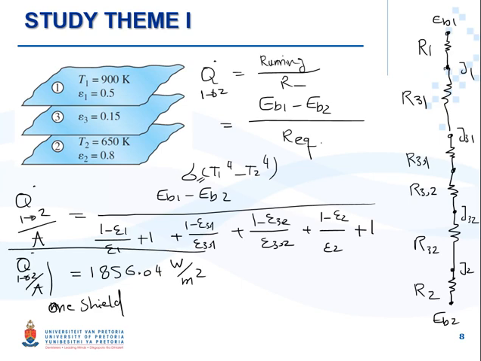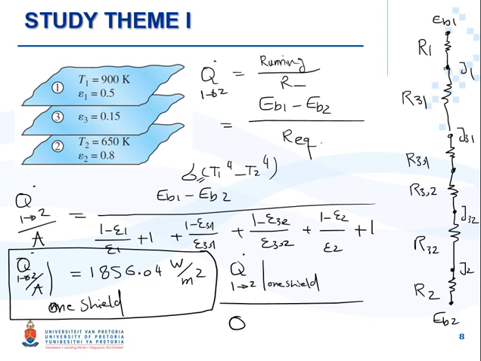The number that we have here and the number that we got from the previous one. If we compare these two, we have Q dot 1 to 2 with one shield divided by Q dot 1 to 2 with no shield is around 1/6.